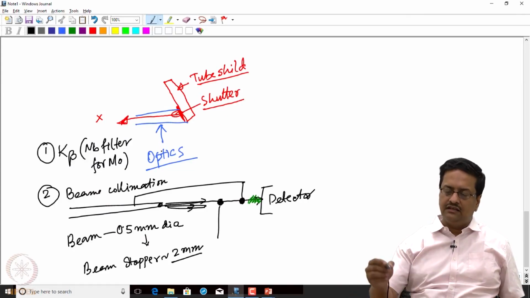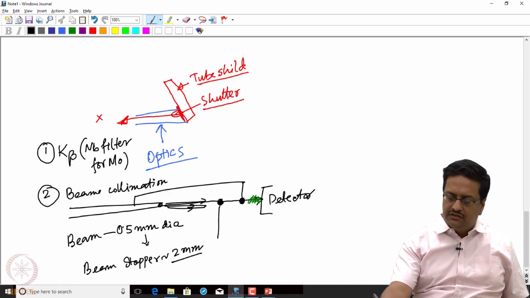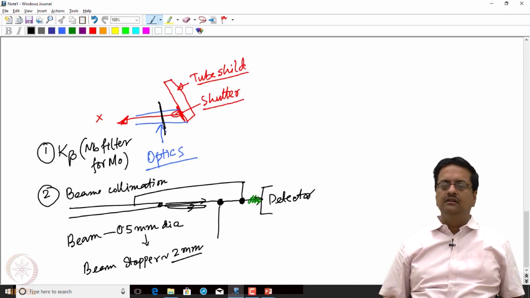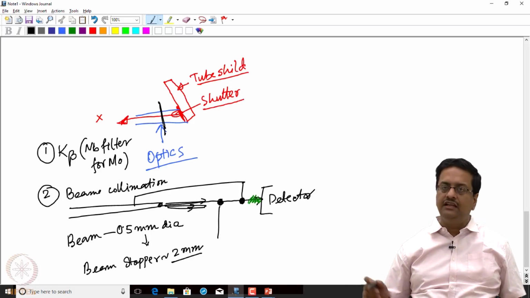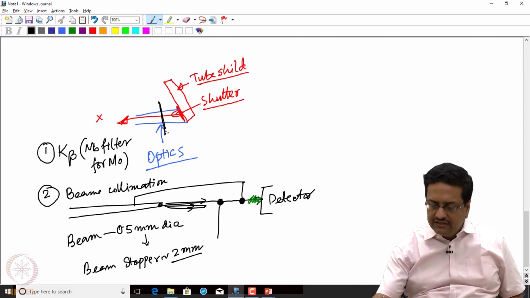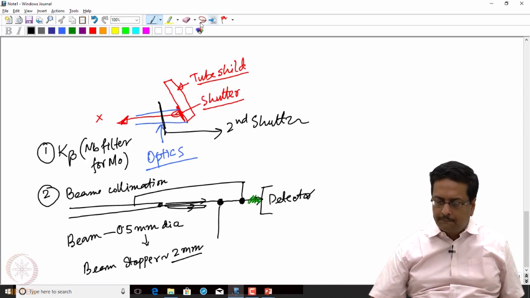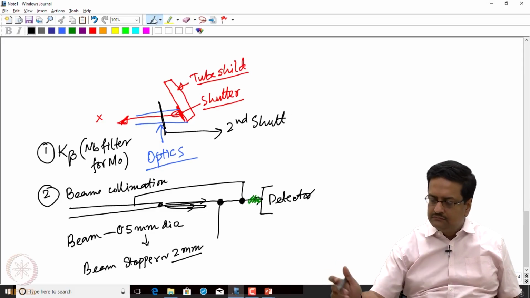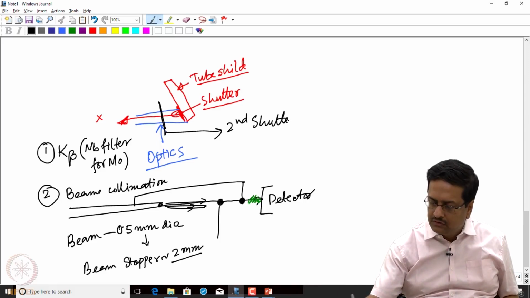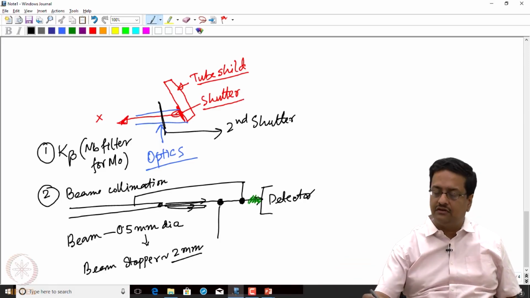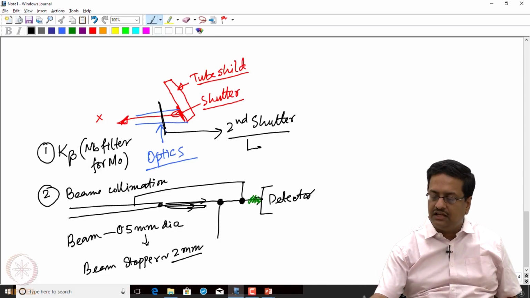Now there is another shutter placed inside this optics which controls the exposure time. The second shutter on the optics controls the exposure time.